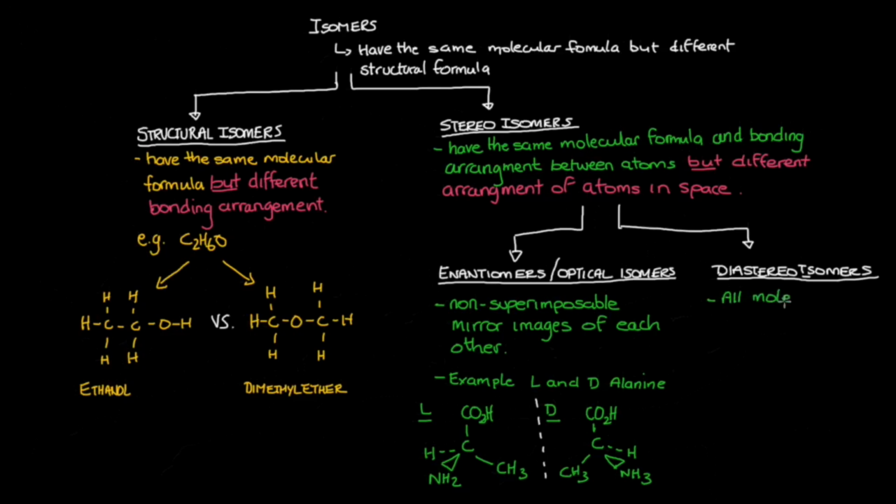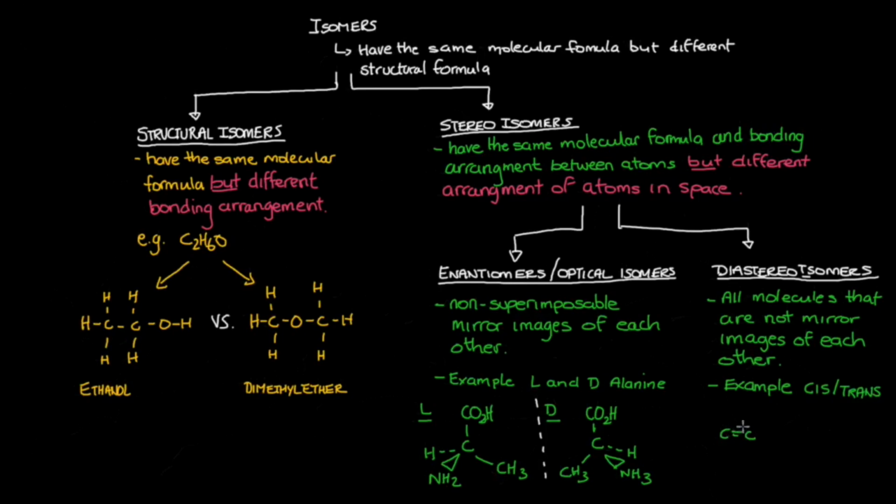Now, if the molecules are not mirror images of one another, they belong to another class of stereoisomer known as diastereoisomers. These include cis and trans isomers. And here are some examples.